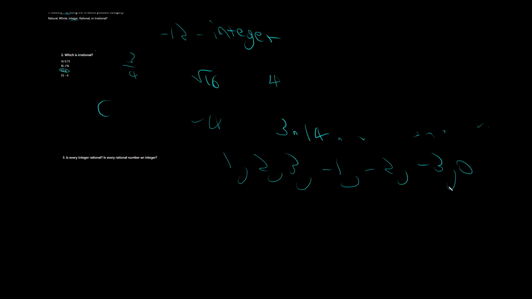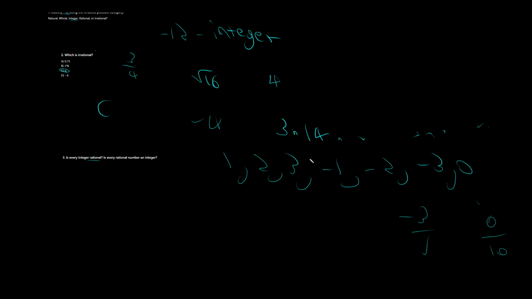These are obviously all rational, so I think we can conclude that every integer is rational. These can all be expressed as a fraction, like -3 over 1, or 0 over anything that's not 0.